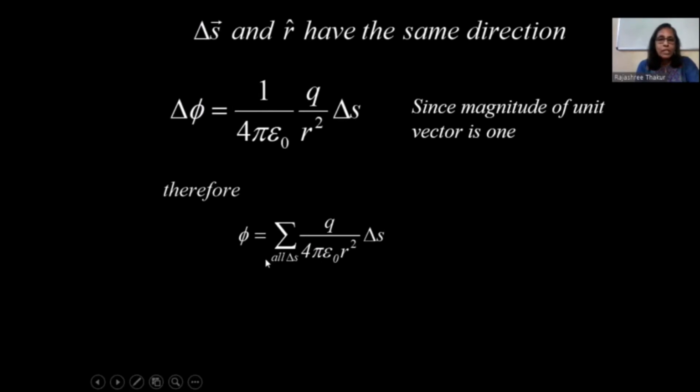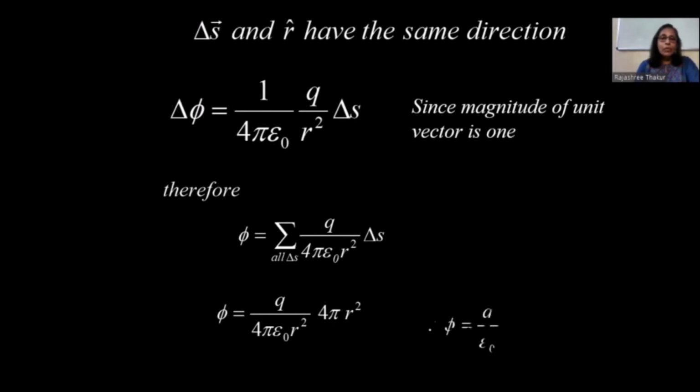For all such delta S. Now this is constant, so I can take it out of the summation sign, and that will be equal to Q upon 4 pi epsilon 0 R square into summation of delta S. Now what is the total surface area of the sphere? 4 pi R square, right? So hence total flux coming out of that spherical surface will be equal to Q upon epsilon 0, right?